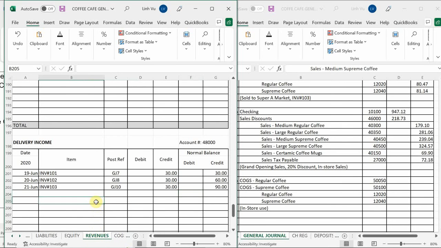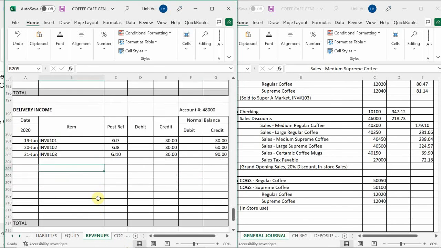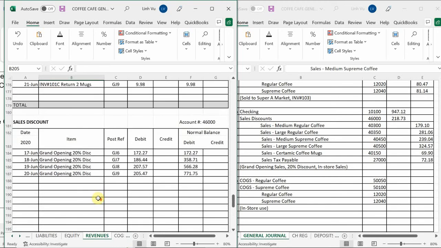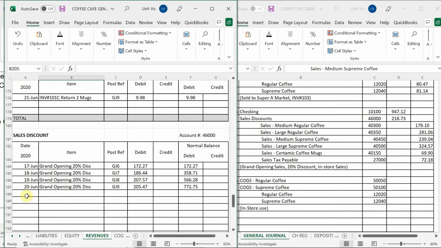And then next we need to give sales discount on the revenue. And it's on page 10. It's 218.73.